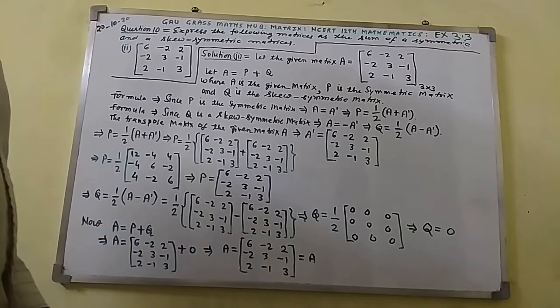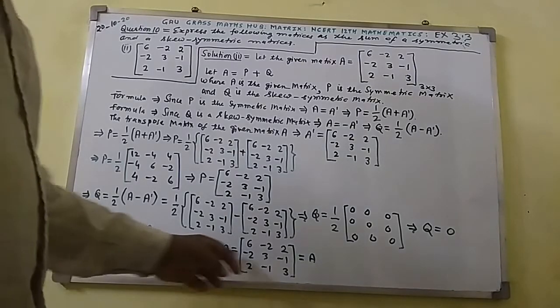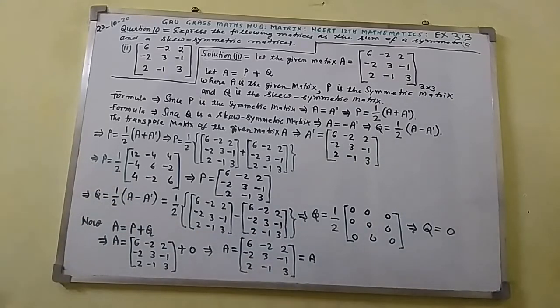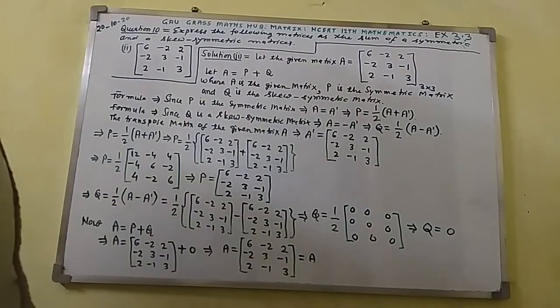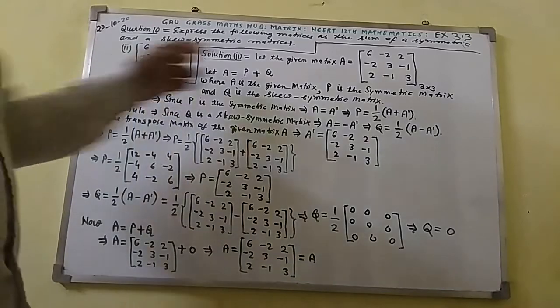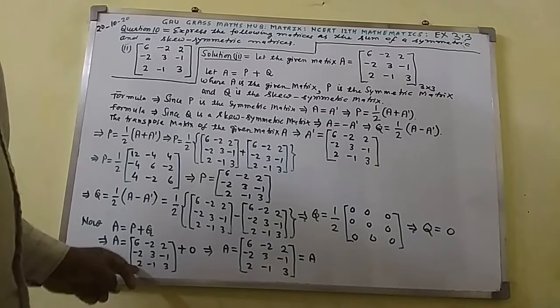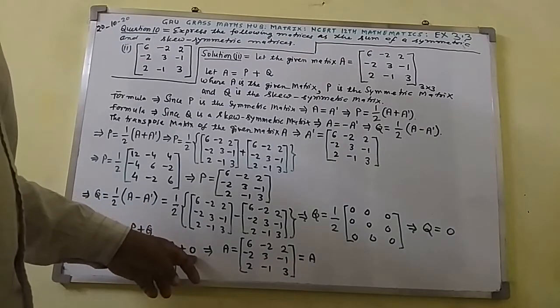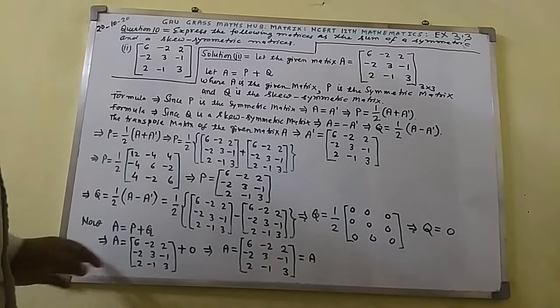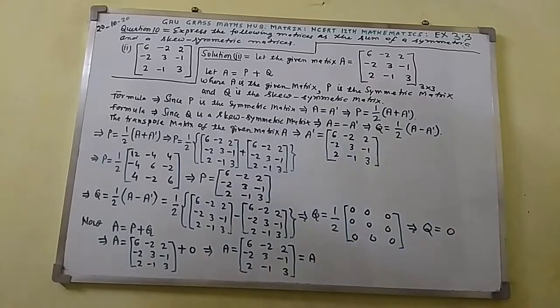So this is the proper expression of the given matrix as the sum of the symmetric matrix and the skew symmetric matrix, which is 0. So this is the proper solution of question number 10.